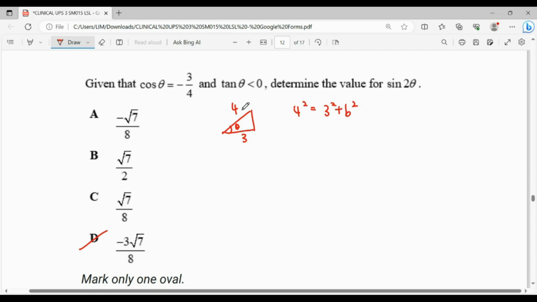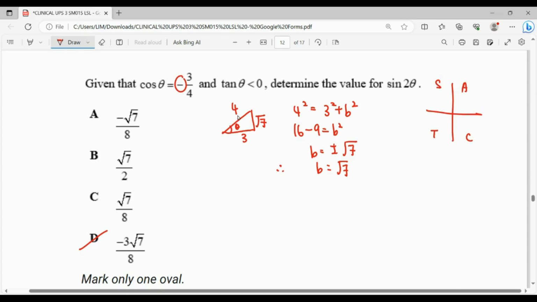So 3 square plus b square equals 4 square. So b will be plus or minus square root of 7, but because this is a length, b will be the positive square root of 7.